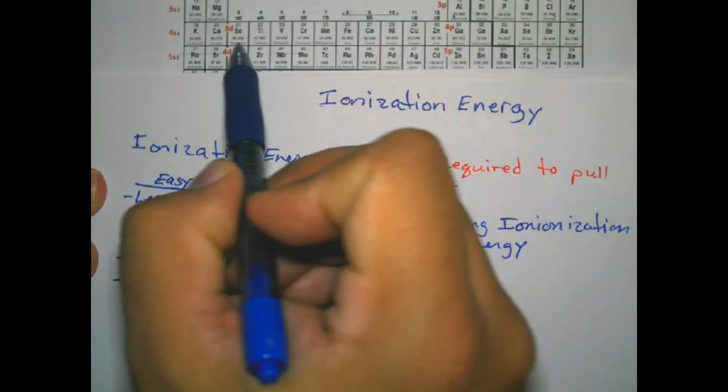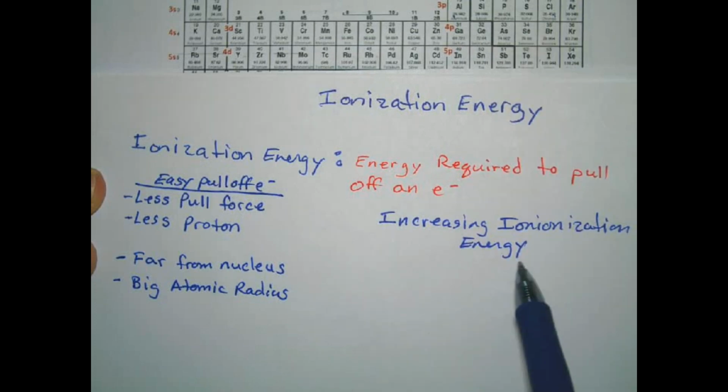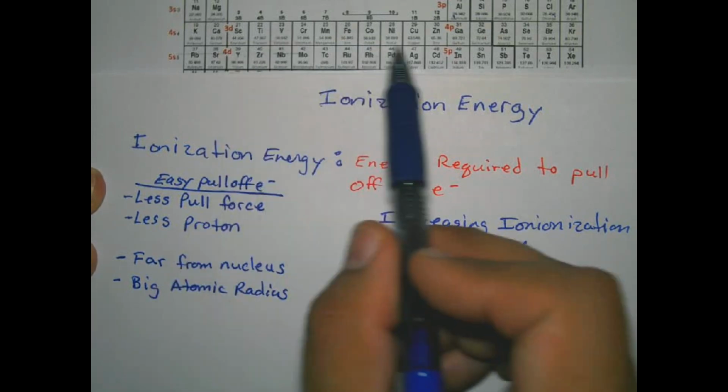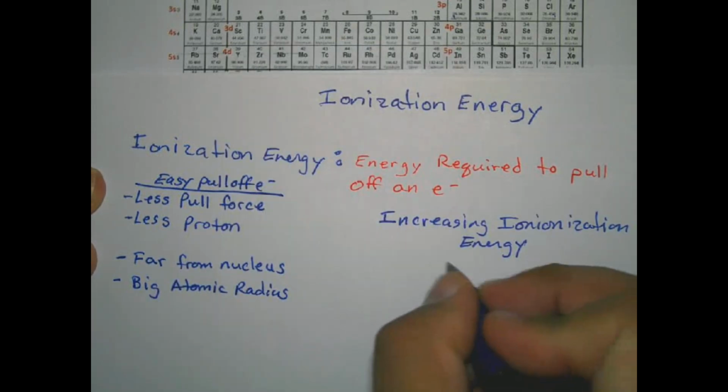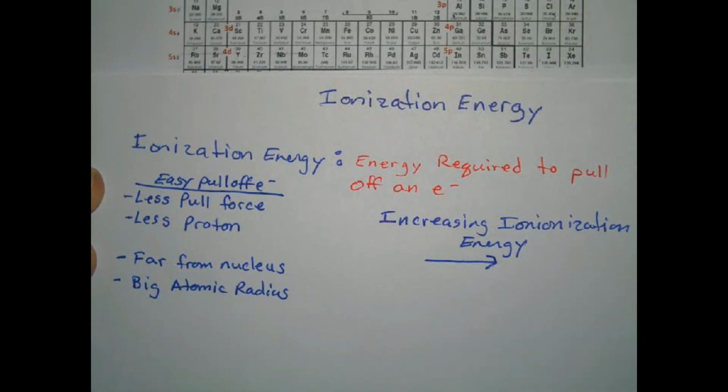Because going this way gives us more protons. So if I want increasing ionization energy, takes more energy to pull off an electron, that means we need more protons. So for increasing, it's going to increase as you go to the right on the periodic table. Because as you go to the right, you get more and more protons. Therefore, it's going to make it harder and harder and harder to pull off these electrons.